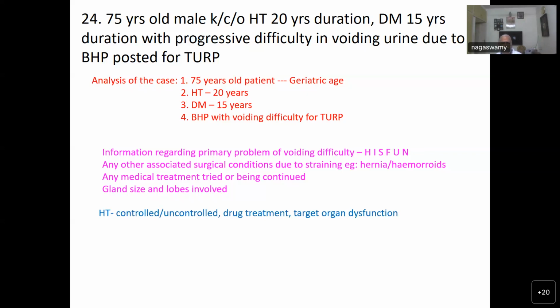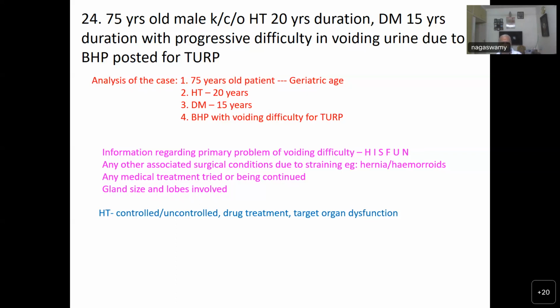With regard to the comorbidity, hypertension, you must see whether it is controlled or uncontrolled, and what drugs he is taking, and whether there is target organ dysfunction like cardiac, cerebral, renal, or retinal. These are the four organs which can be affected by uncontrolled long-standing hypertension.